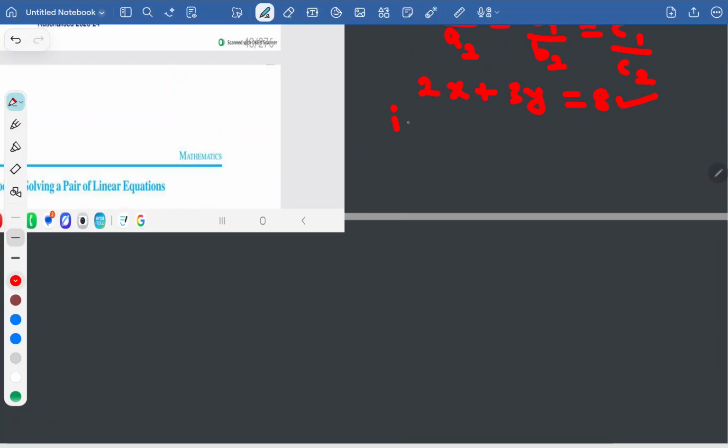For the second case, parallel lines, what is the ratio? A1 by A2 equal to B1 by B2 not equal to C1 by C2. These two ratios are equal but not equal to C1 by C2.